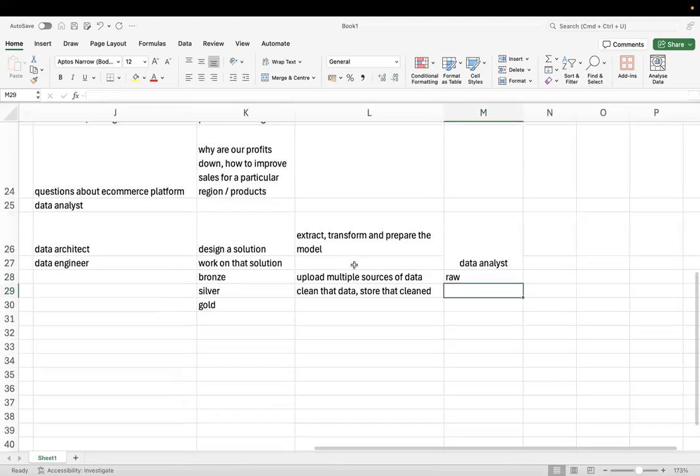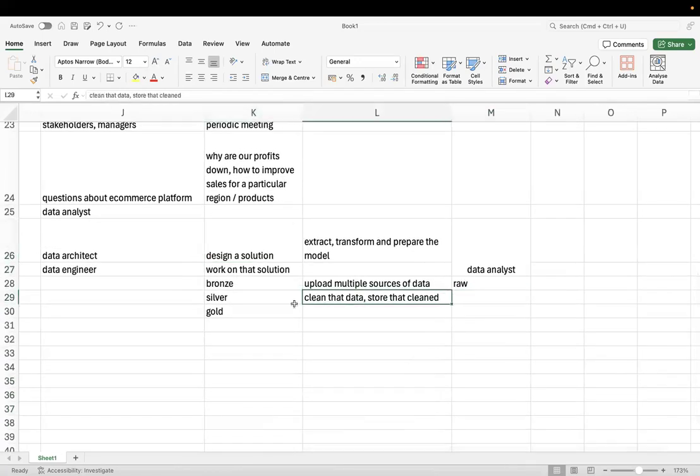They are going to talk to the data architect about it: we see some invalid names, we see some invalid IDs, we see invalid dates. Based on those requirements, they are going to discuss and clean that data. Sometimes you see null values, duplicates, missing values, invalid formats. So many things are going to happen. We'll discuss all of that. So assume that they are going to store that clean data.